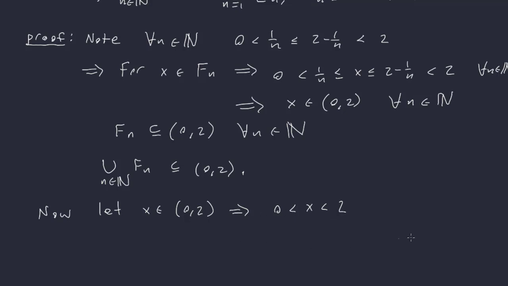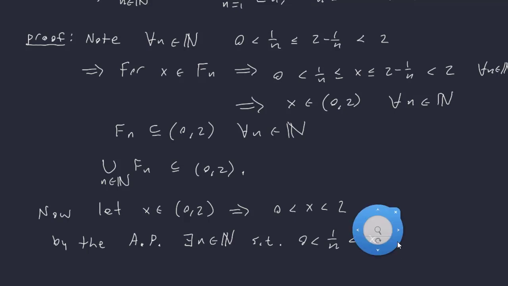All right, now thanks to the Archimedean property, there exists an n in the naturals such that x is greater than 1 over n. Now we can use the Archimedean property once again.